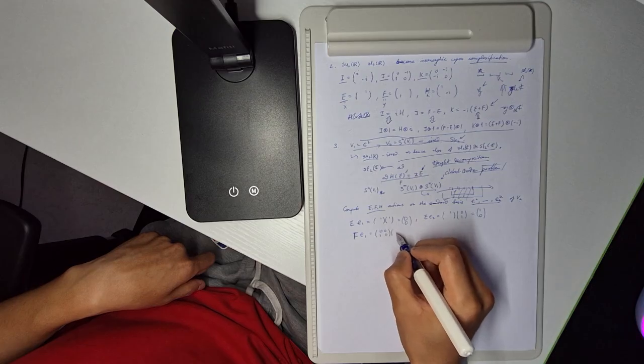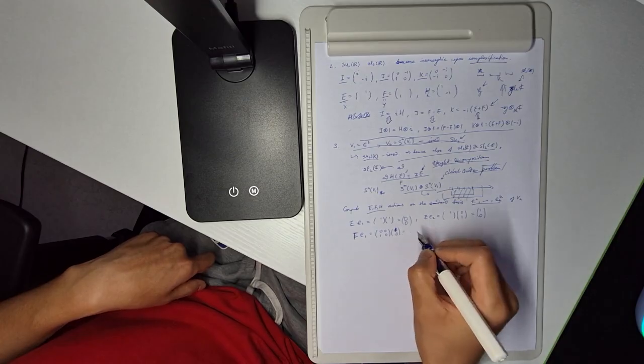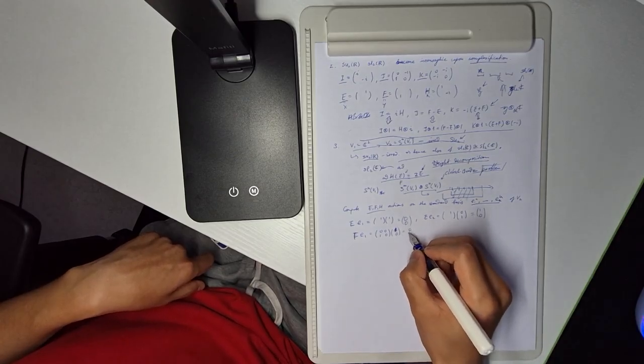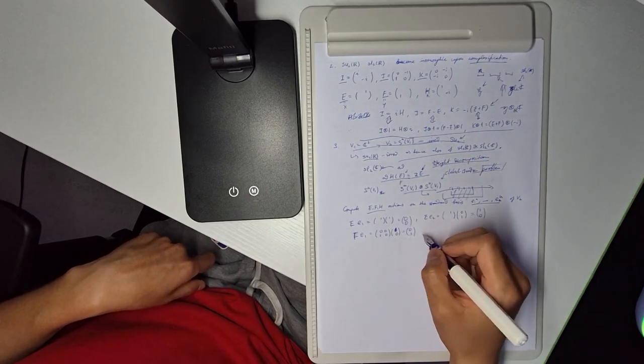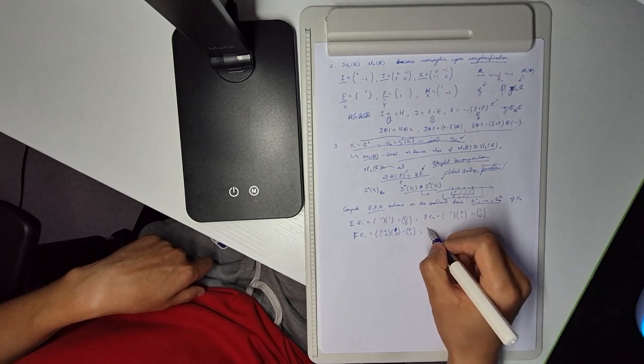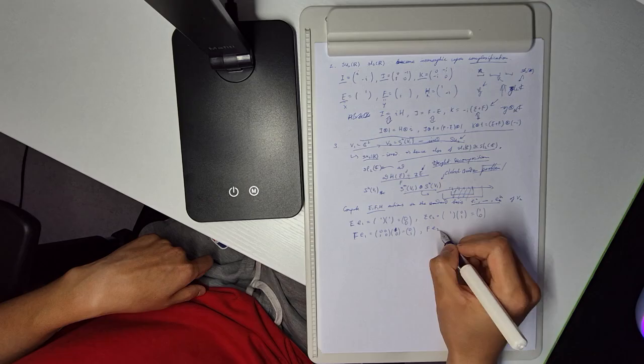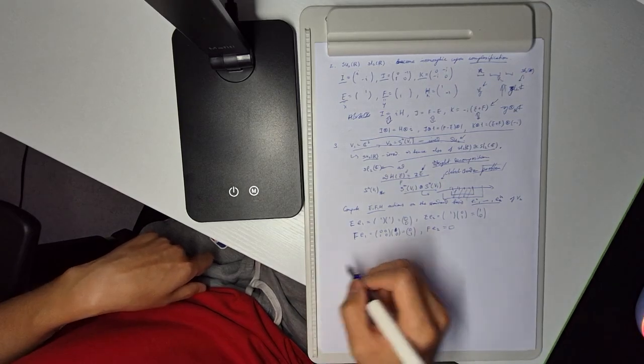Hope I'm not messing up anything. Oh, the moment I told you, I almost messed it up. 1 2, okay, that looks fine. By symmetry argument, it's going to be 0.